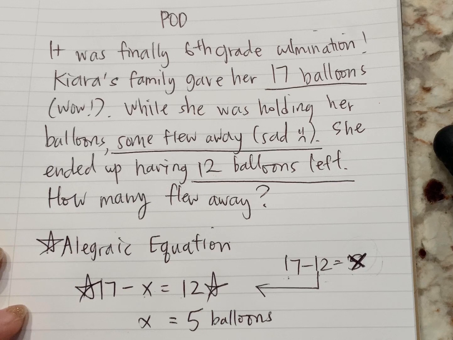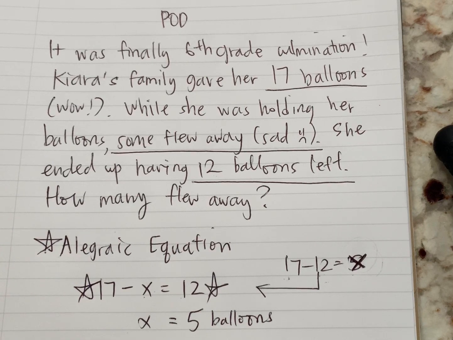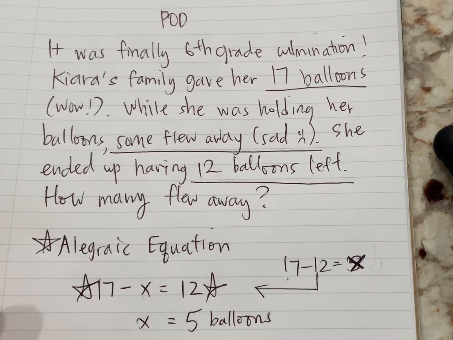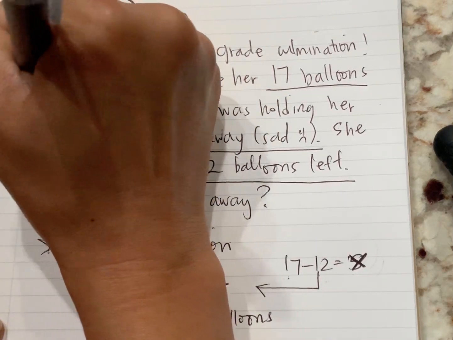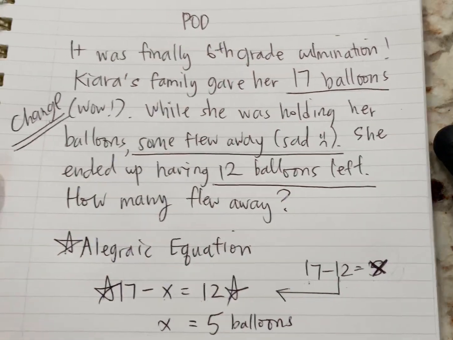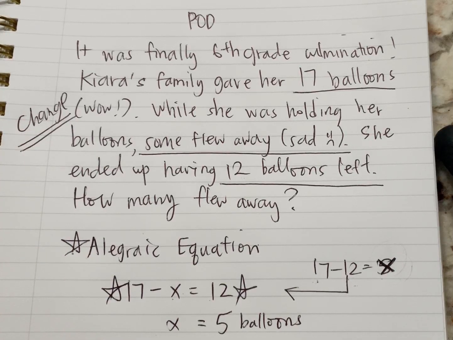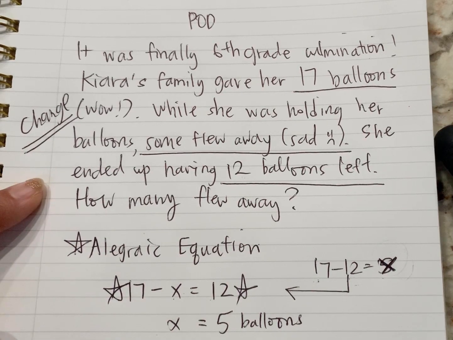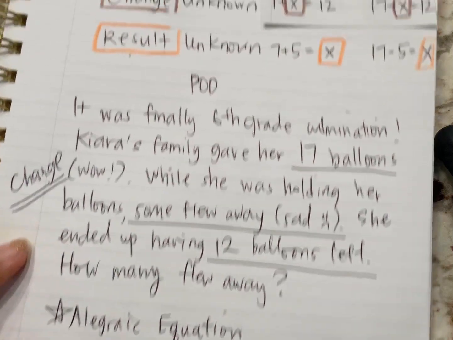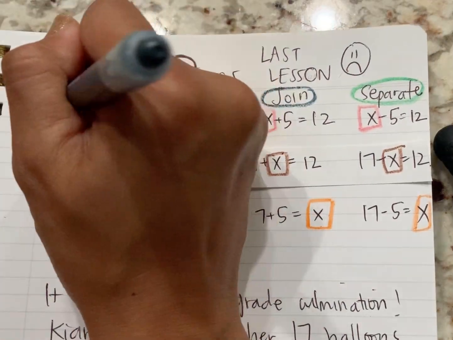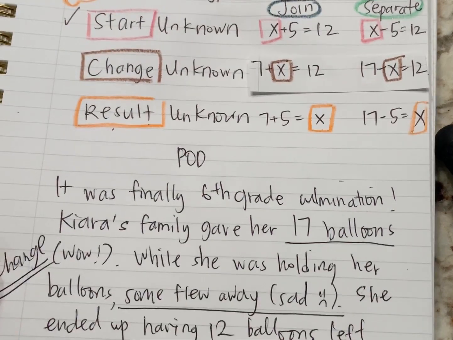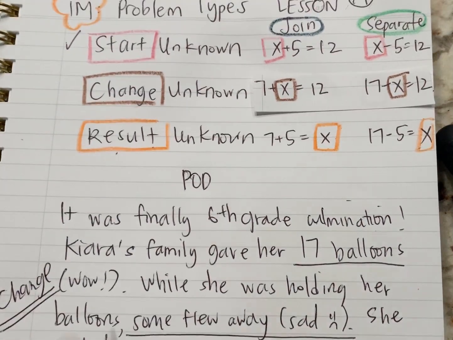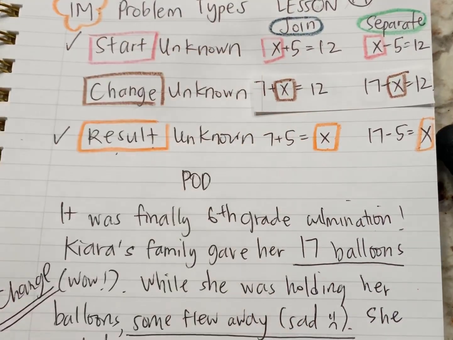Okay? Now, today, your assignment connected to today's POD is to change this POD so that this POD can sound like a start unknown, and then change it one more time so that it can sound like a result unknown.